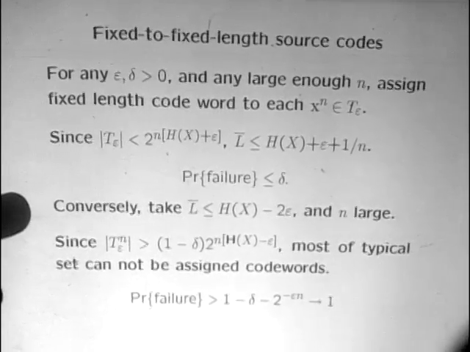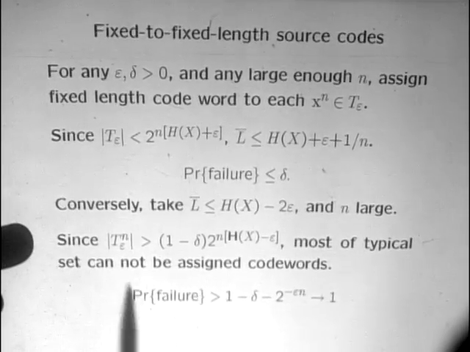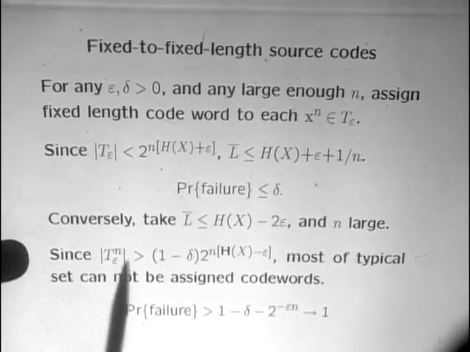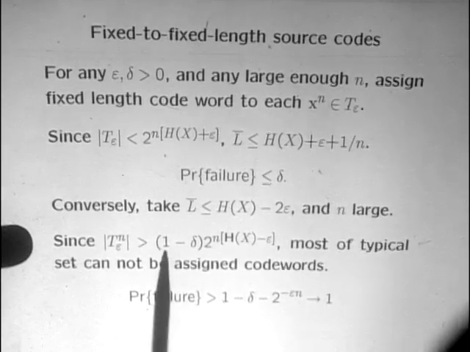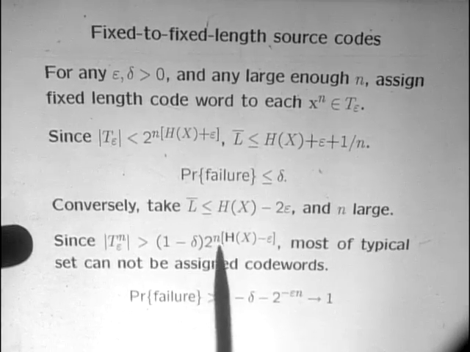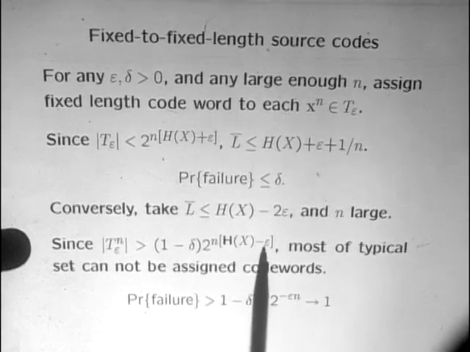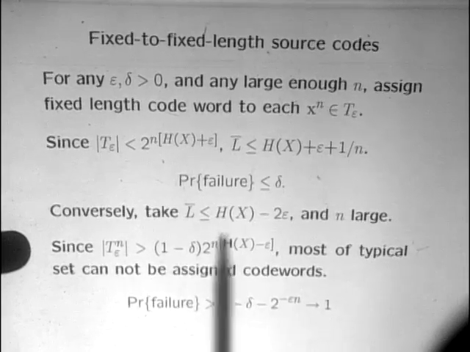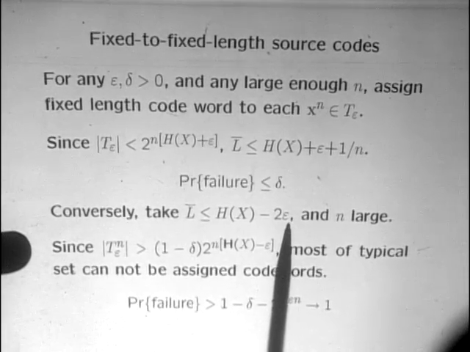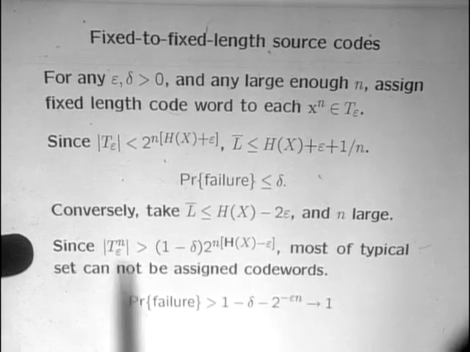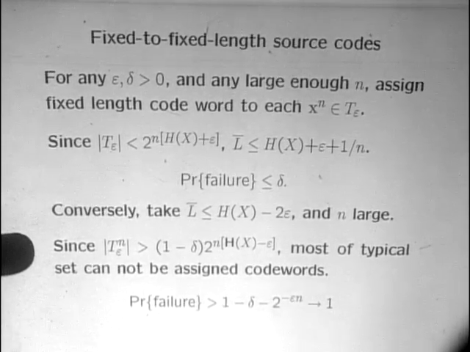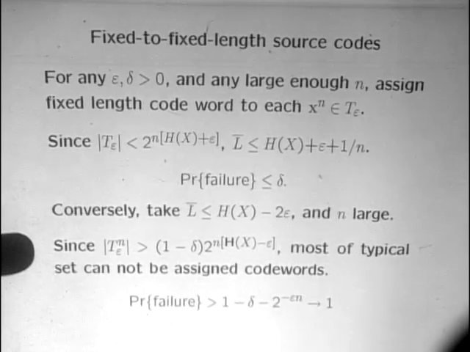And I'm going to pick n large enough. The number of typical sequences, we said before, was greater than (1 minus delta) times 2 to the n times (H(X) minus epsilon). I'm going to make this epsilon the same as that epsilon, which is why I wanted this to be 2 epsilon. Okay? So my typical set is this big when I choose n large enough.